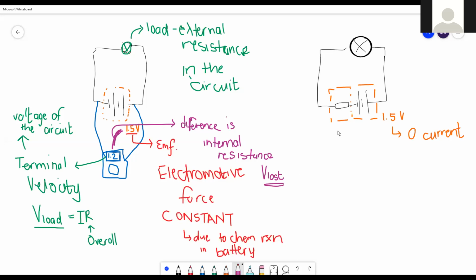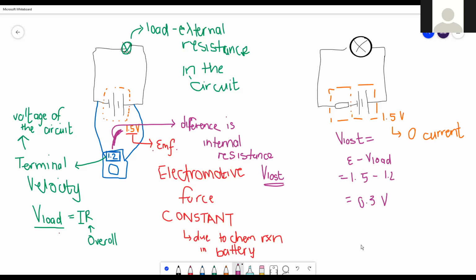So in this case, your V loss is equal to that EMF amount minus the V load, EMF minus V load, which is equal to 1.5 minus 1.2, and that gives you an amount of 0.3 volts.